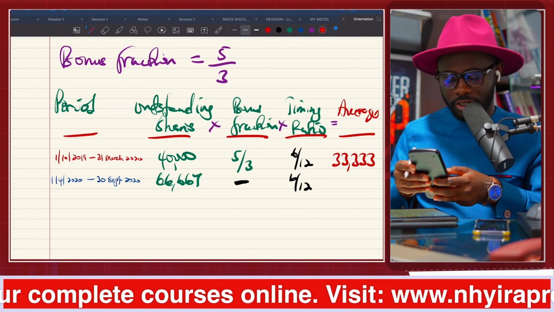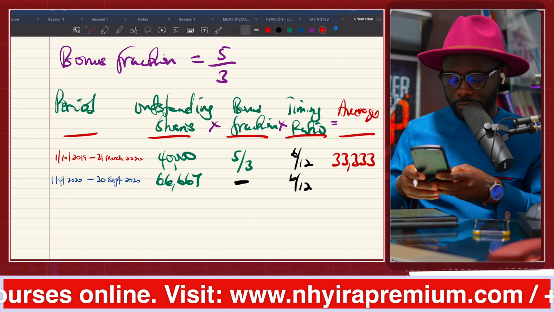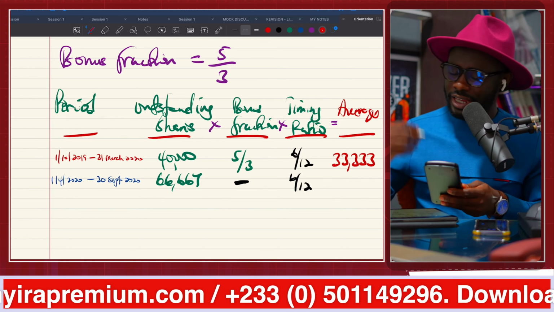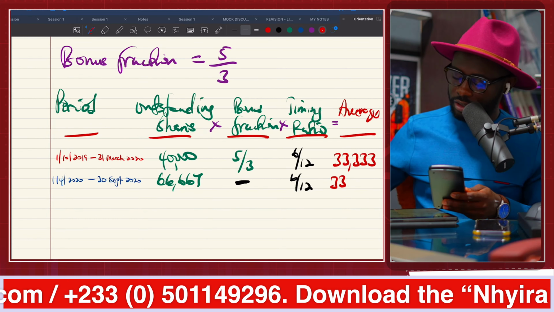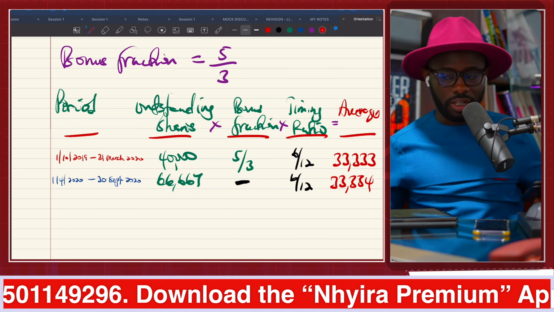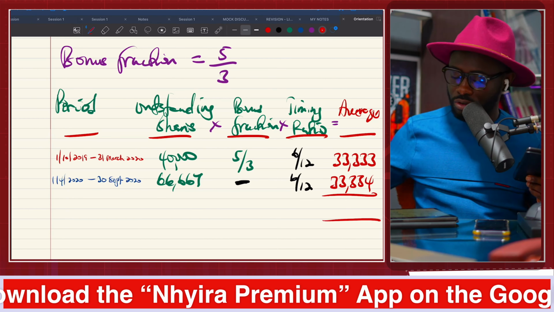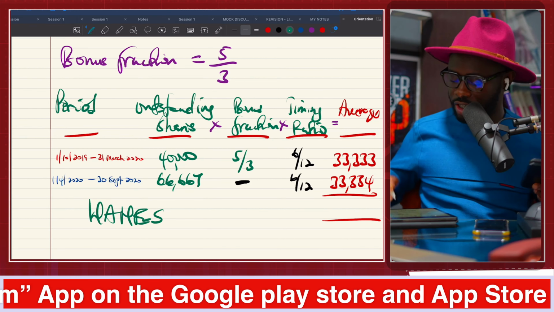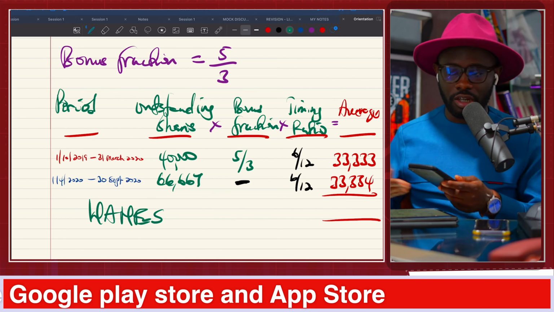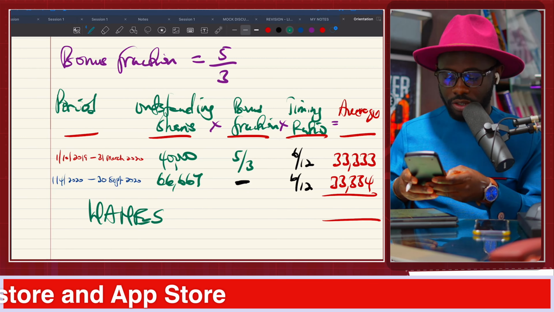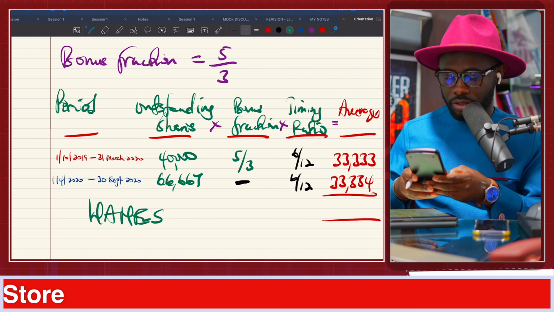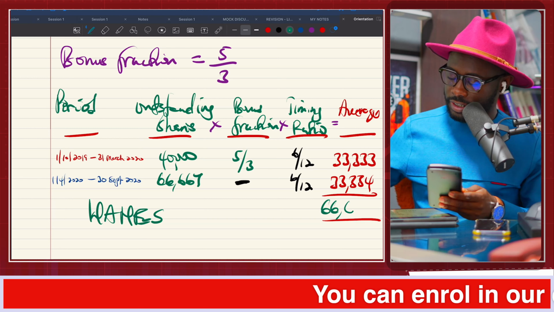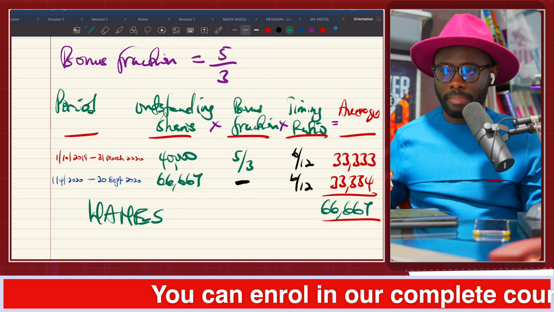Then we look at the second one, 6 over 12 multiplied by 66,667, and that is approximately 33,334. So we can then add the two up, and that gives us the weighted average number of equity shares. So 33,333 plus 33,334, and that is 66,667.